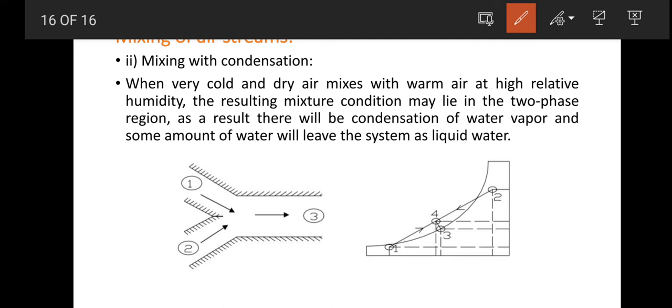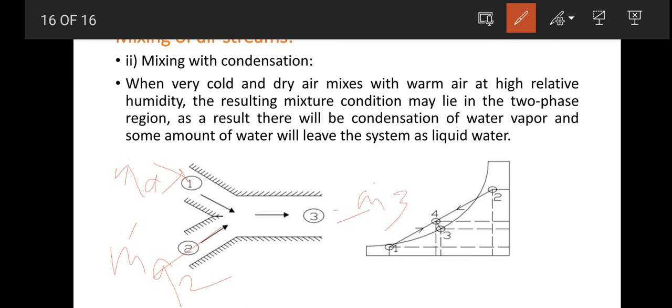Again, the same diagram: the first air stream with mass flow at point 1 and the second air stream with mass flow at point 2 are mixed, giving the mass flow at point 3.